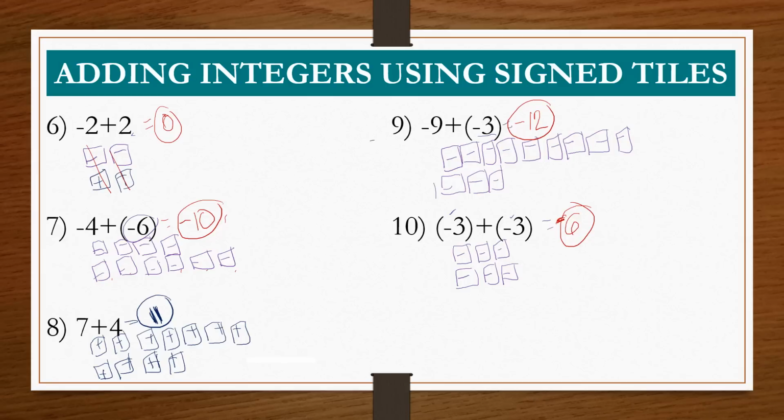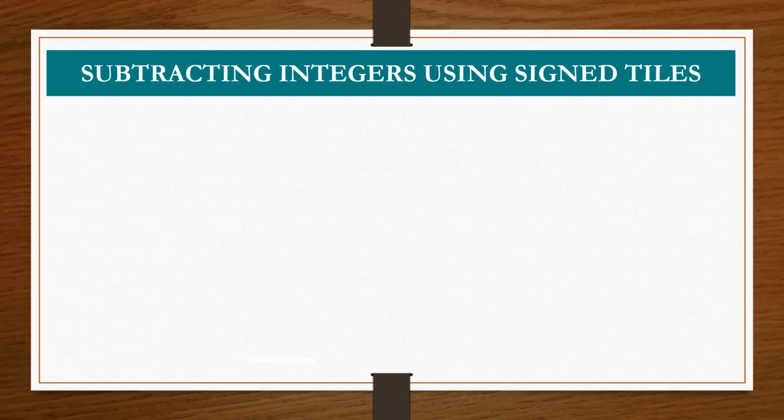Now, how about subtraction? So let us look at the examples. Alright, so for subtraction, of course, we have to follow the first step before we draw tiles. So our step again in subtracting is for us to change the sign of our subtrahend as well as the operation. Okay, so for number 1, we are going to change this.